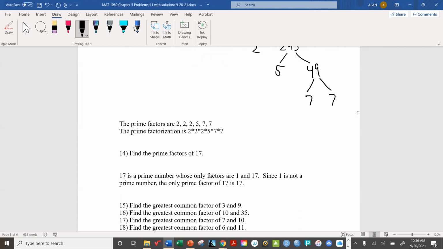So this is a bizarre case where you only have the one prime factor. Remember, we said that 1 is not prime. But this number only has two factors, 1 and 17. And since 1 is not prime, that means that this is one of those oddball cases where the number only has one prime factor, which is itself. Okay, so whenever you have a prime number, this is exactly what will happen.